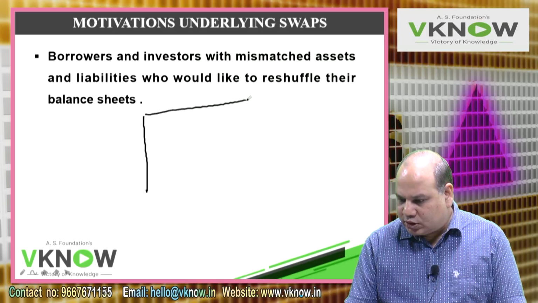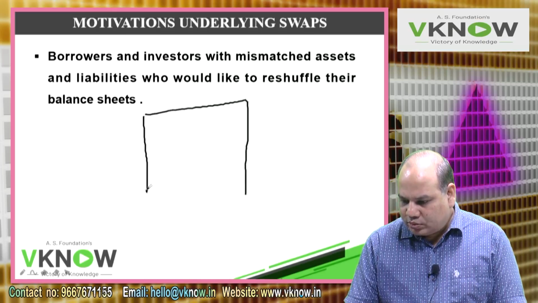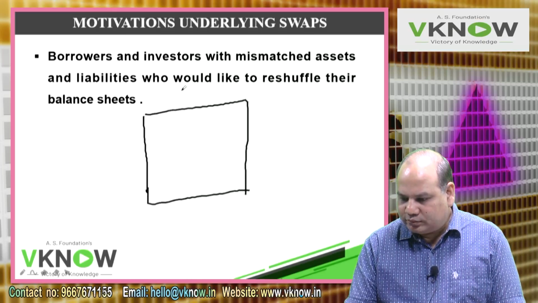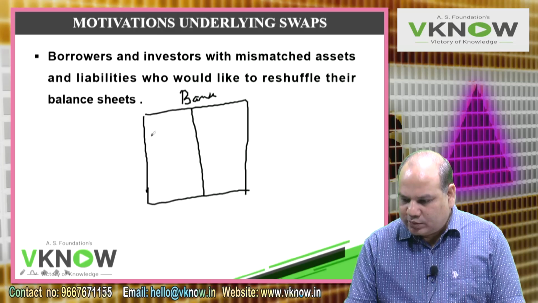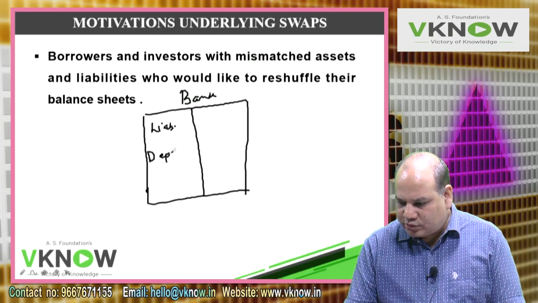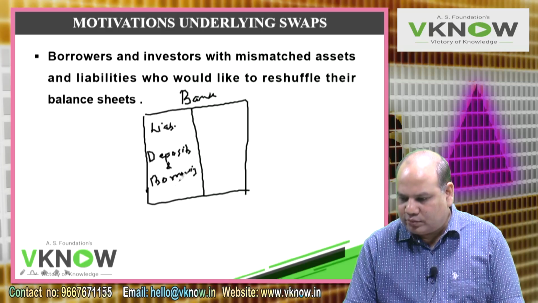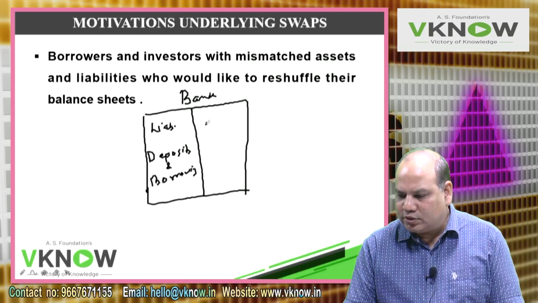Suppose this is, let us say, a bank. Banks have liabilities which are mostly deposits and borrowings. The major liability on the liability side will be deposits and borrowings. And what about the assets?